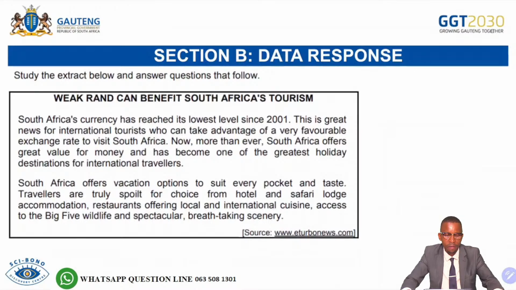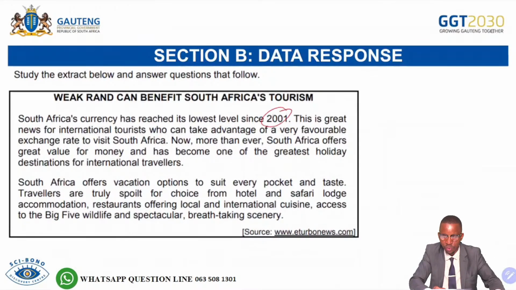And then here we have the tourism data response. Weak rand can benefit South Africa's tourism. South Africa's currency has reached its lowest level since 2021. This is great news for international tourists, who can take advantage of a very favorable exchange rate to visit South Africa. Now, more than ever, South Africa offers great value for money and has become one of the greatest holiday destinations for international travel.